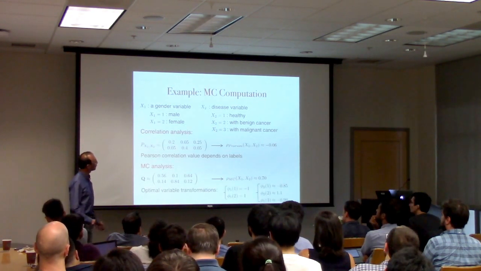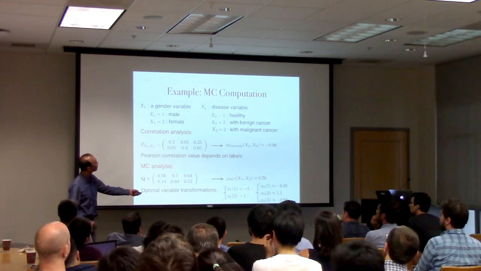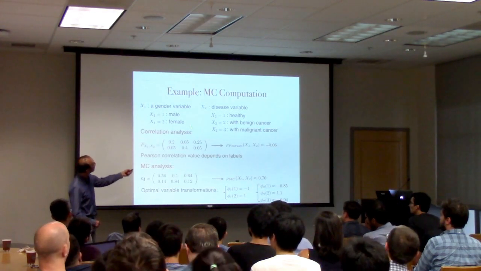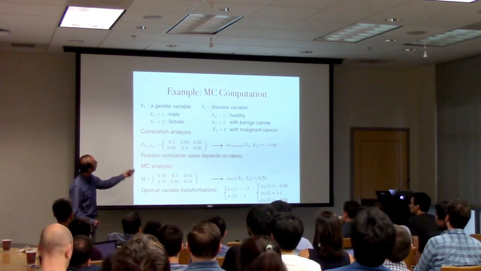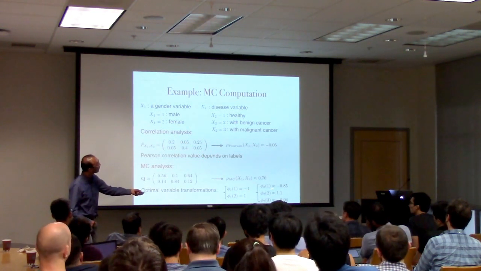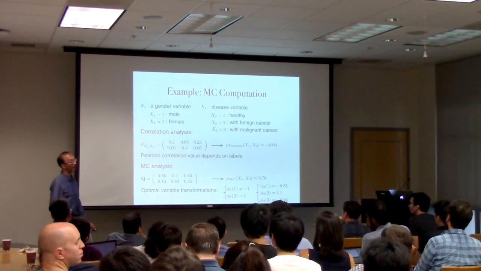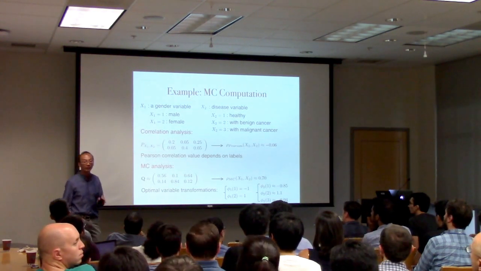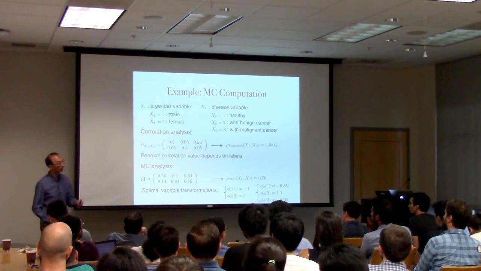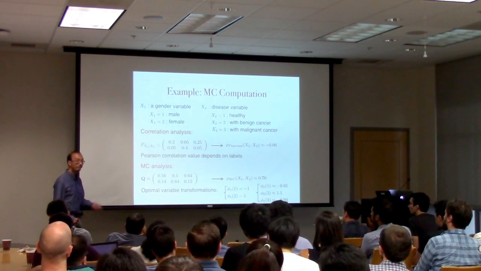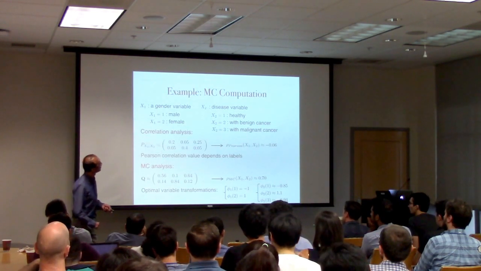Then you can also compute the optimal variable transformation. It says the labeling of 1 and 2 should be changed to -1 and 1, and the disease labels should be changed to -0.5, 1.1, and -0.95. So the labeling does not have to be integers; it can be any real number. This is a worked out example.